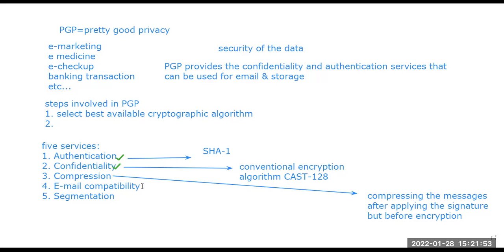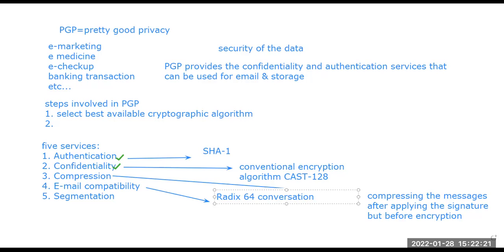Radix-64 conversion. Each group of 3 octets of binary data is mapped to 4 ASCII characters.